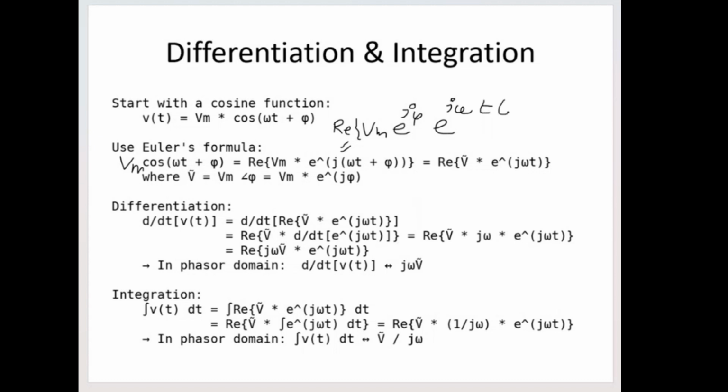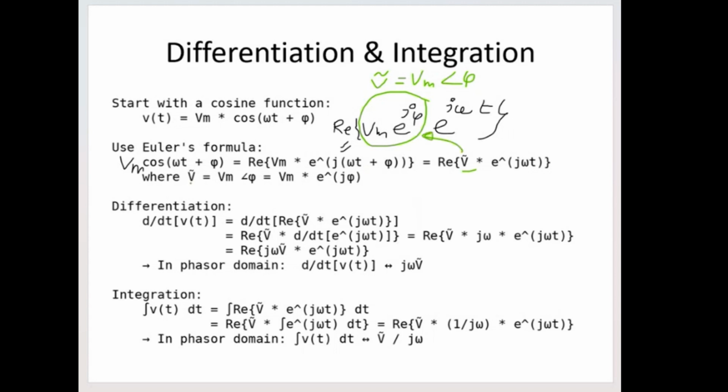And what happened here is that if I just take this part, it doesn't have any time component. I can call this part v tilde, or the phasor. And essentially it is just the magnitude v of m and the angle phi. Perfect. And that's essentially what you can see here as the v tilde.